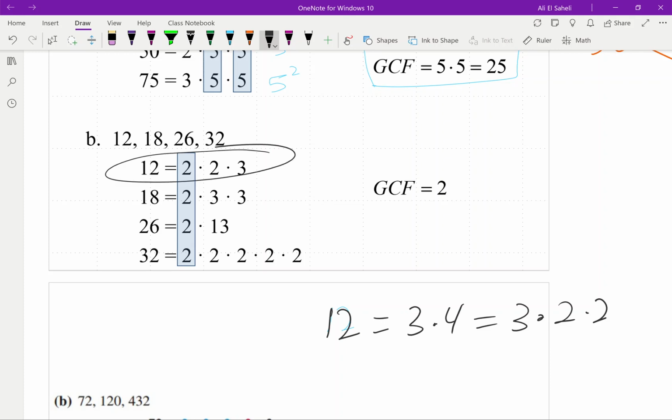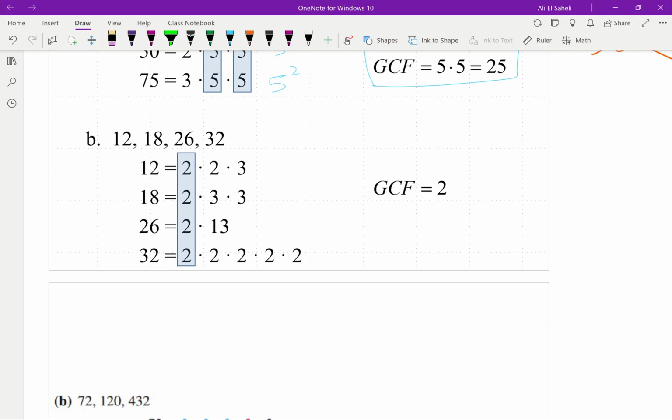So this is 12. 18, we did that above. 18 is 2 times 3 times 3. 26 is even, so it's 2 times 13, and 13 is prime. You cannot factor it anymore.